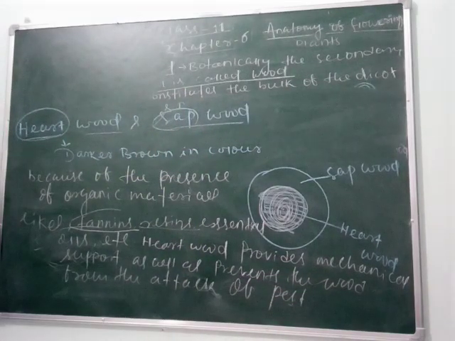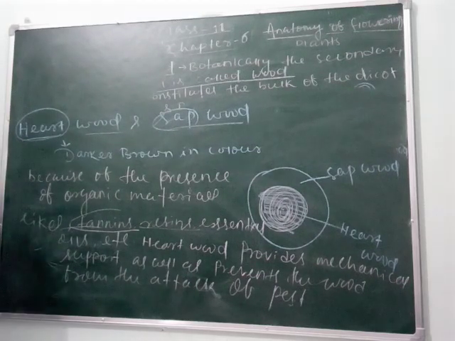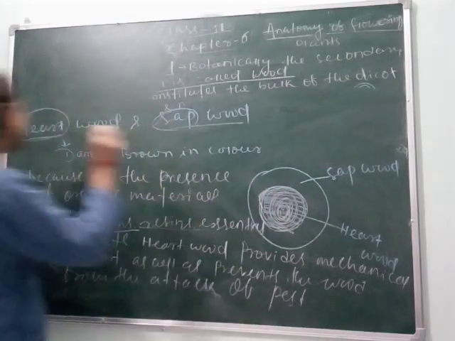They may attack, or microorganisms or any other insects may attack the wood. That's why the organic materials present inside the wood, which constitute the hardwood, may help the plant to resist or prevent the wood from the attack of microorganisms, insects and pests. Clear, students?